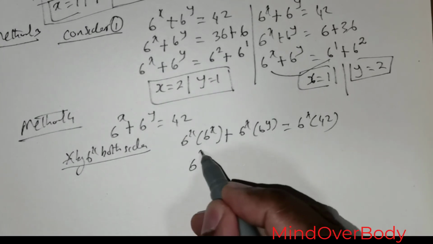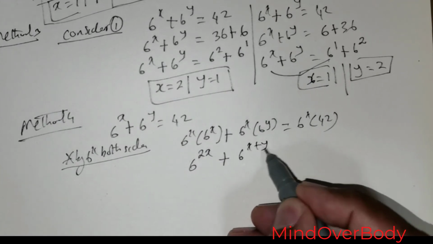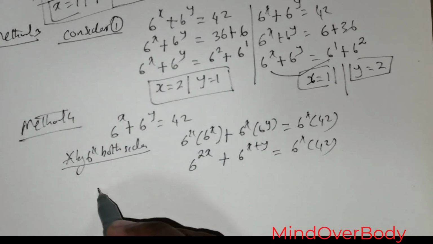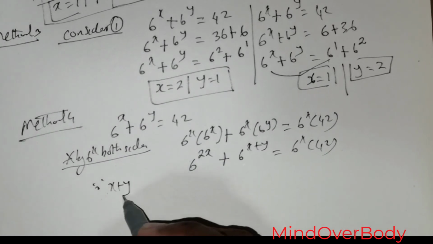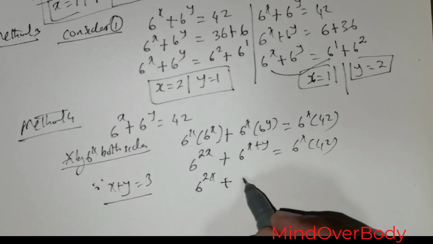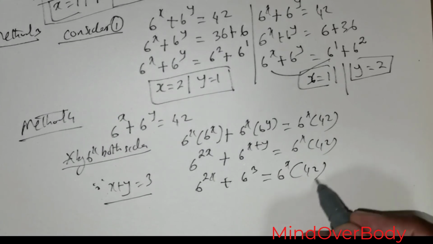Now this is going to be 6 raised to the power 2x, and this is going to be 6 raised to the power x plus y, is equal to 6 raised to the power x times 42. Now x plus y is given to be 3, so this would mean I got 6 raised to the power 2x plus 6 raised to the power 3 is equal to 6 raised to the power x times 42.